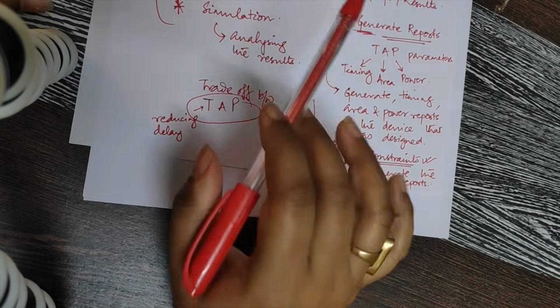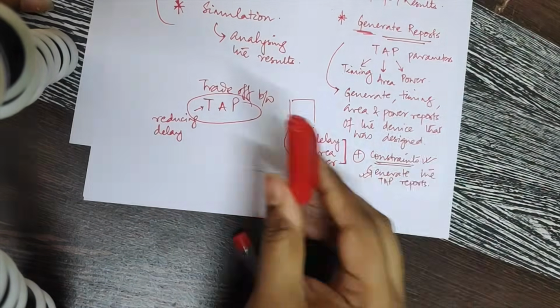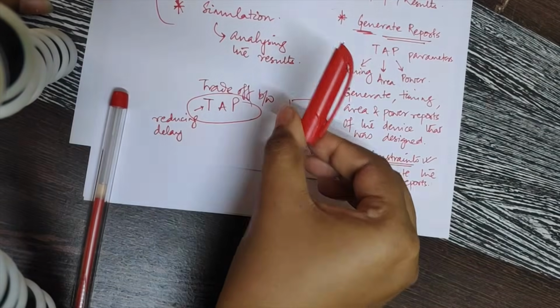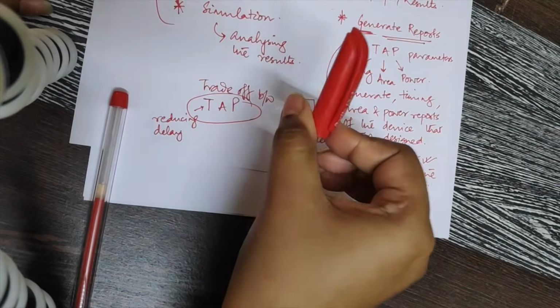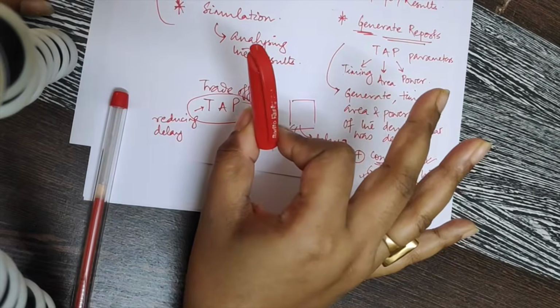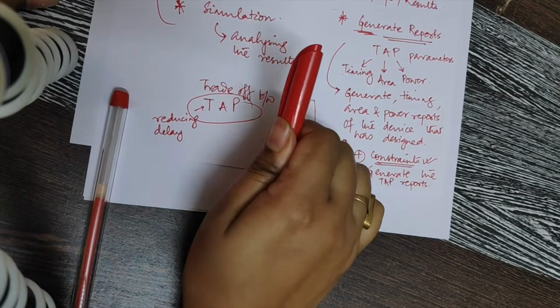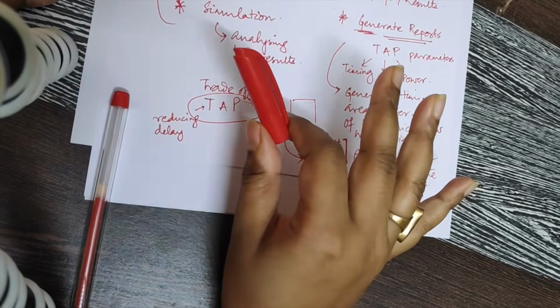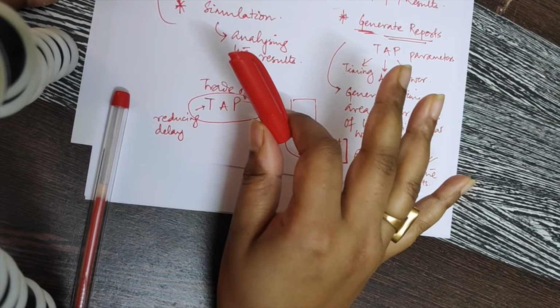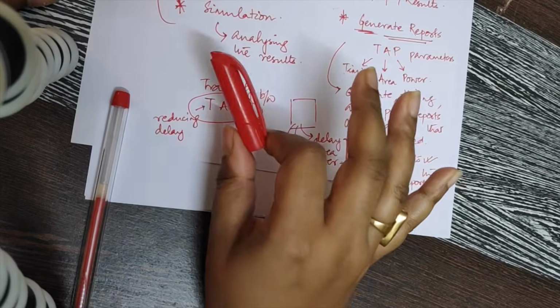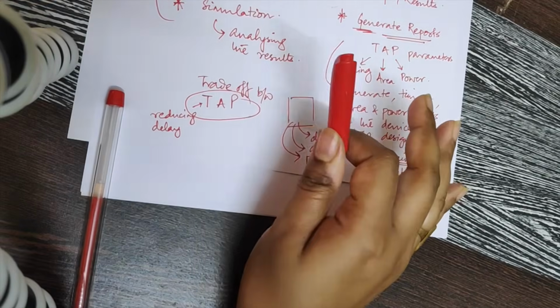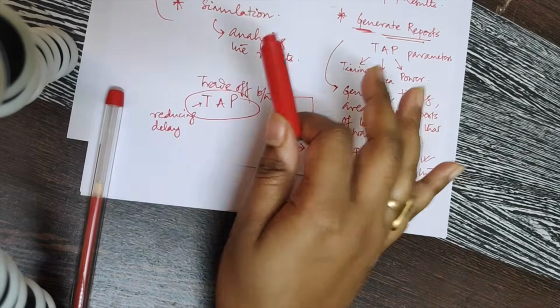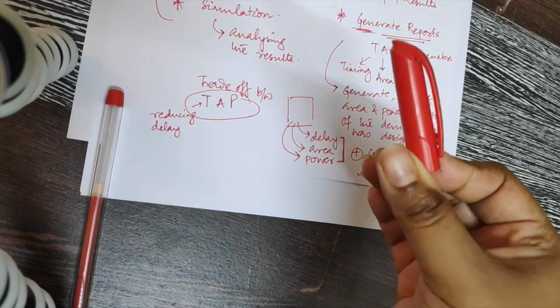So, if I reduce the delay, okay? Let's suppose this is a device I have manufactured. This device has a specific function, okay? Now, this device takes 0.01 nanoseconds to start working. So that is the delay. Let's suppose I don't like that delay. So I will try and reduce this delay.